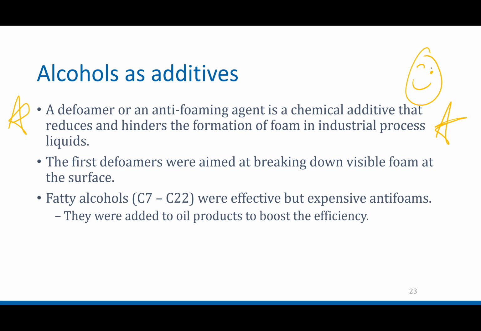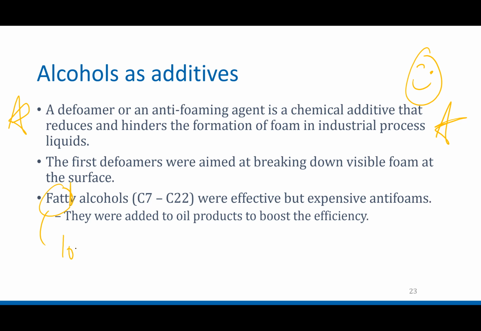And alcohols can help reduce the foam in industrial process liquids. So anything that is added to reduce the formation of foam is called a defoamer. And fatty alcohols, now when I say fatty, I mean long carbon chain.